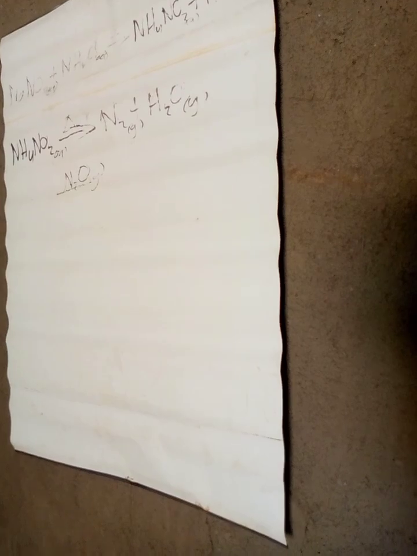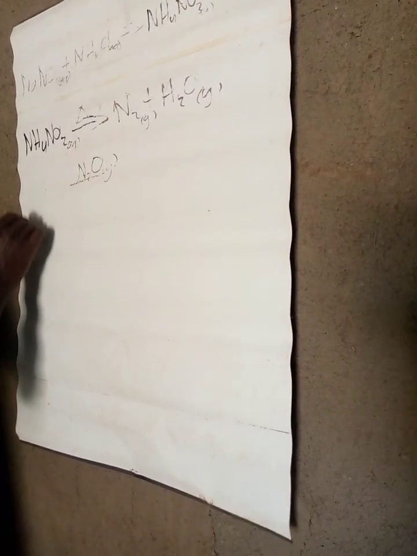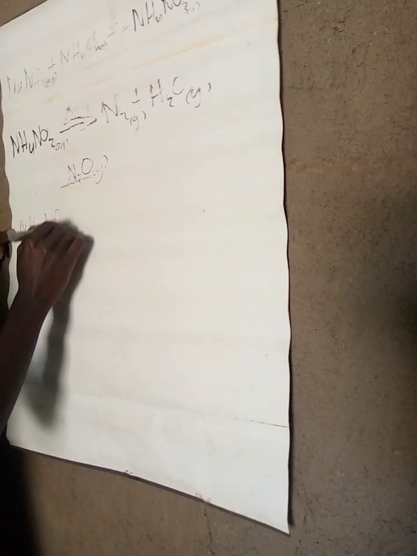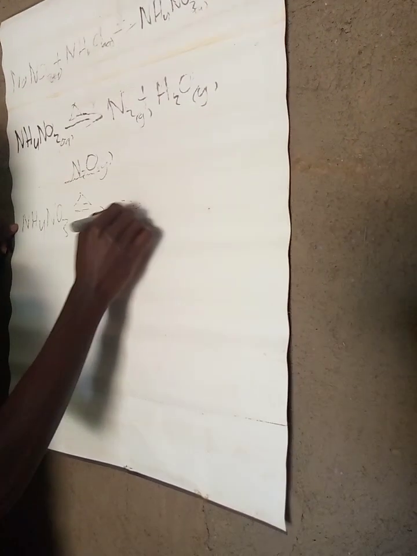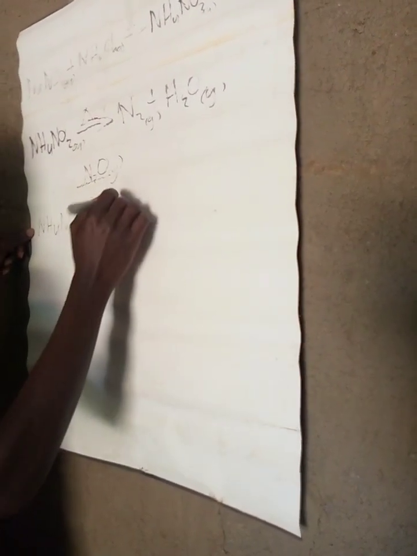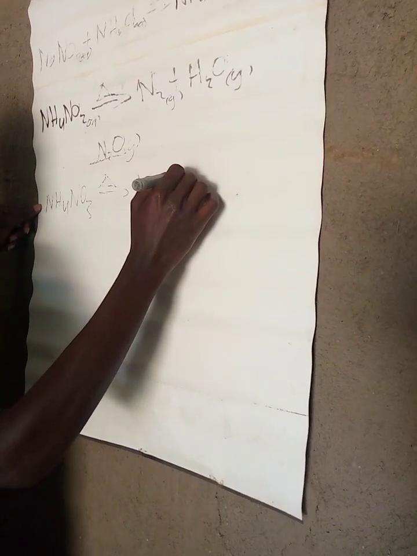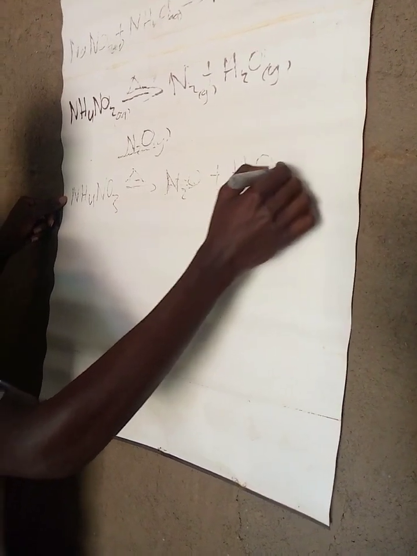So when you heat ammonium nitrate, it is going to form nitrogen 1 oxide plus water. This is the equation that you are going to write: ammonium nitrate, heat, to form nitrogen 1 oxide plus water.